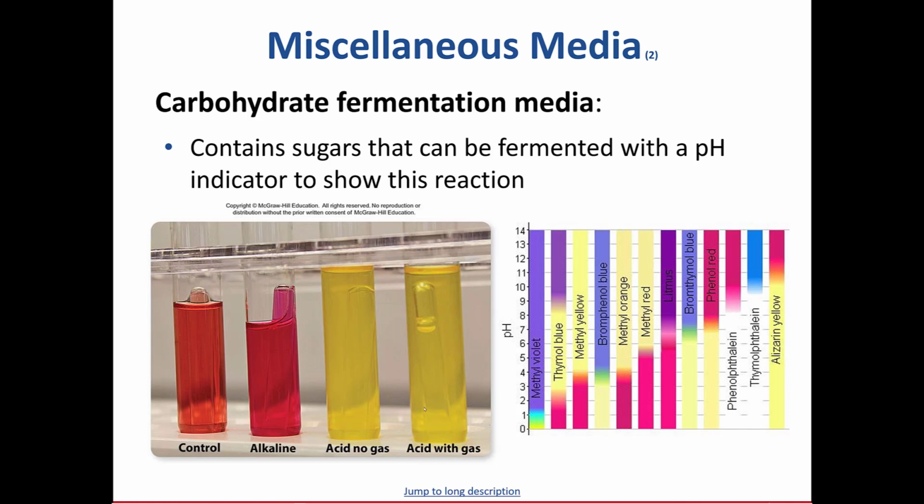So you can see the pH change. We went from red to yellow. In addition to the acid production, we see the gas or no gas, and that lets us know what type of fermentation we're dealing with. And there are certain microorganisms that do one or the other, and it's just one more piece of the puzzle that we use to identify it.